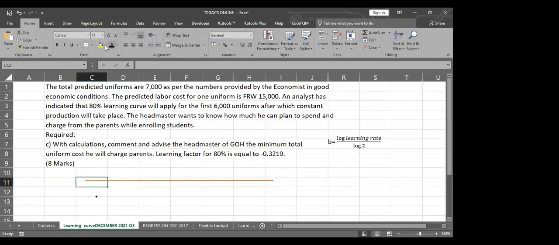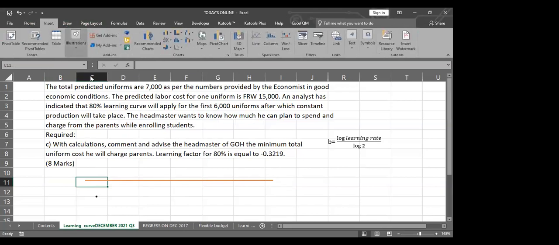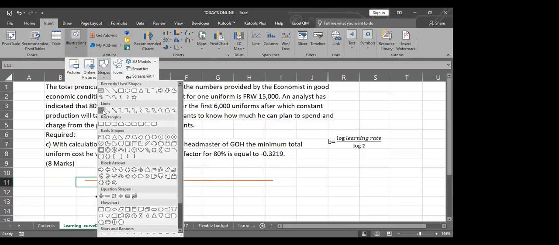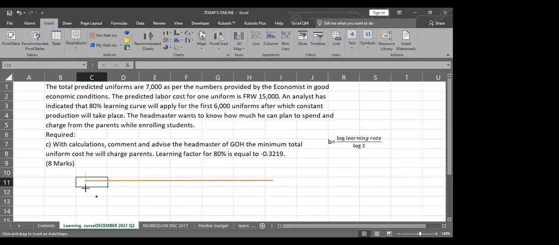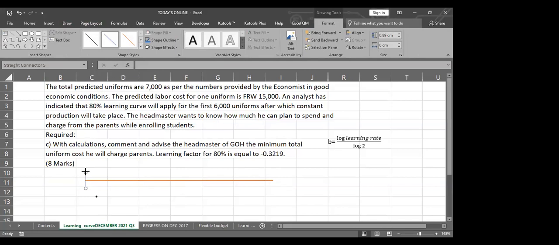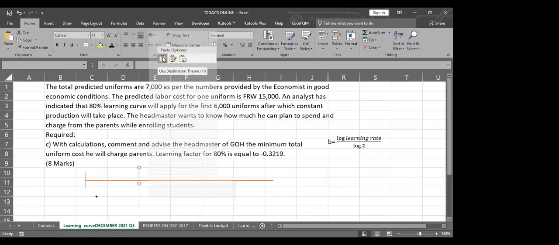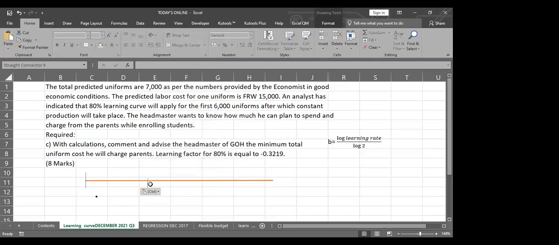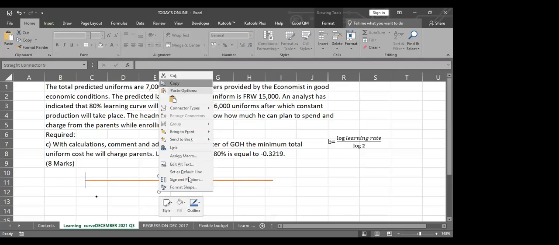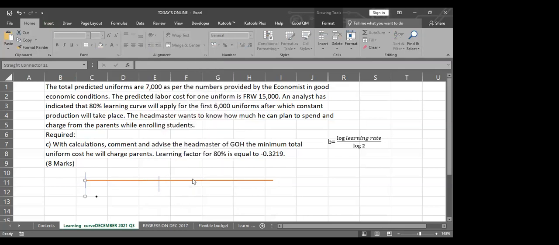After 6,000, the learning will cease, and we need to apply whatever we can do. There is a point here where it starts, and as it moves to that area, there is a point where it stops. And immediately it stops there, there's a rate that will be used to the end of this project.